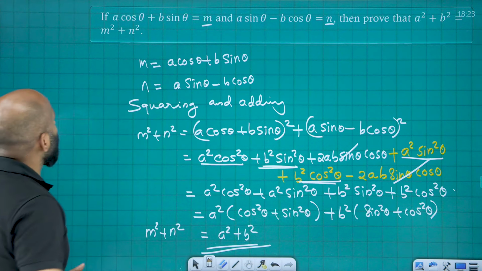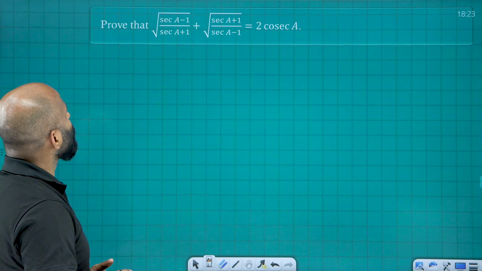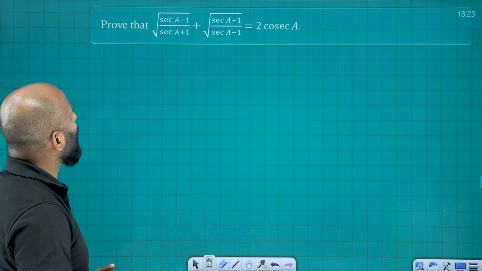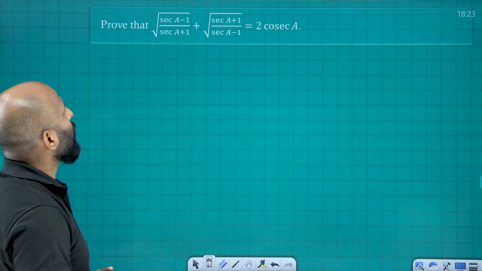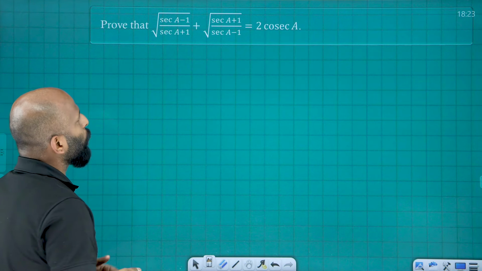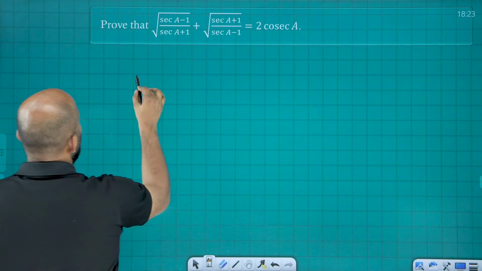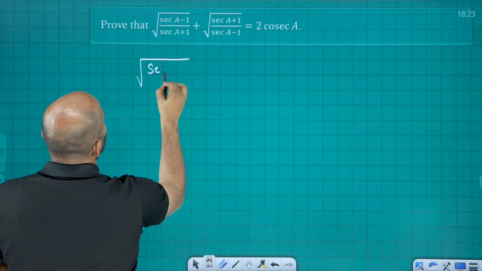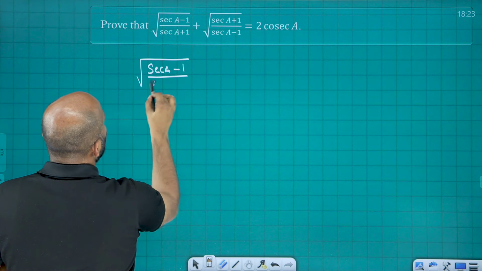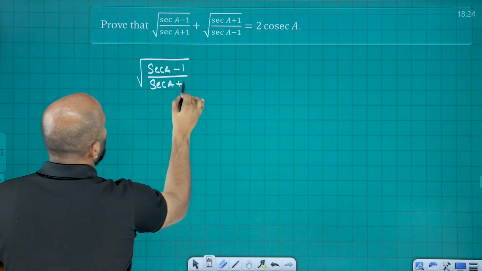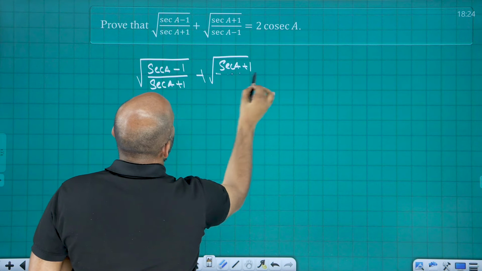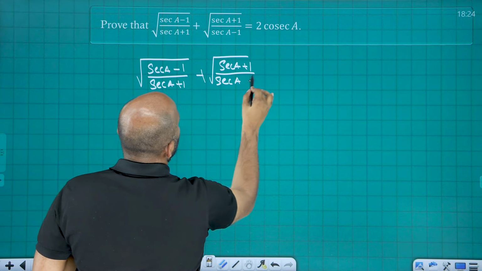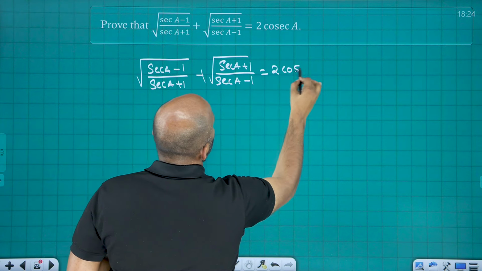So our next question will be: prove that root of (sec a minus 1) divided by (sec a plus 1) plus root of (sec a plus 1) divided by (sec a minus 1) is equal to 2 cosec a.